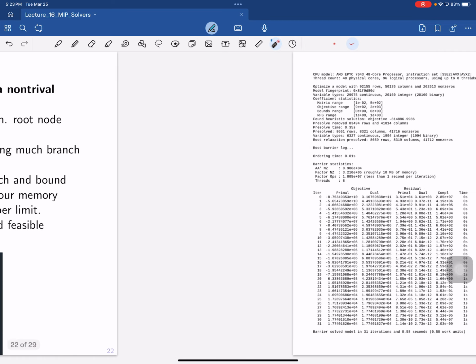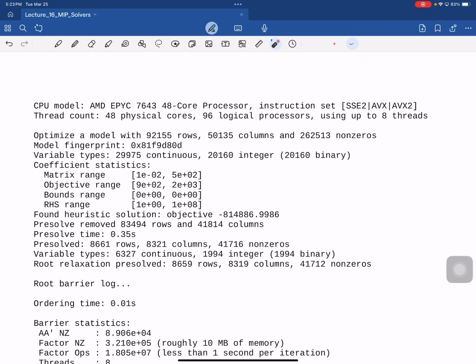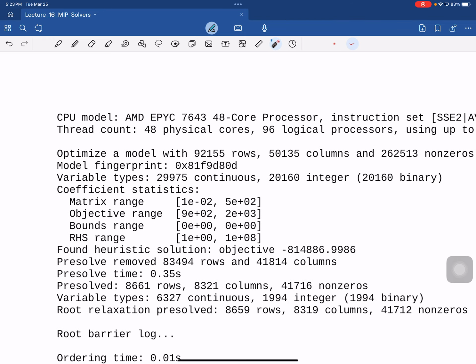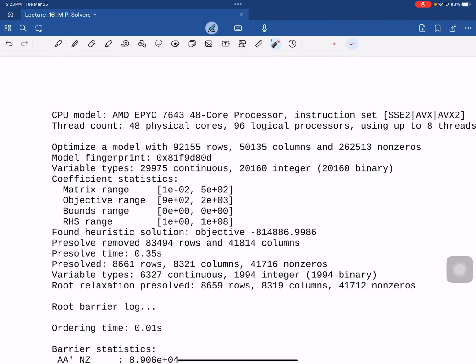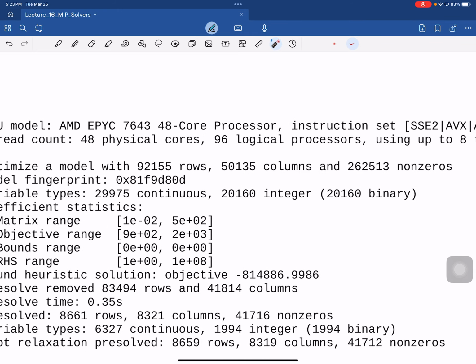Okay, so this is an example log file we got. Again, if you look at the start of the log file, it tells you the number of threads you have on this machine. In this case, we have 48 cores and 96 threads, right?